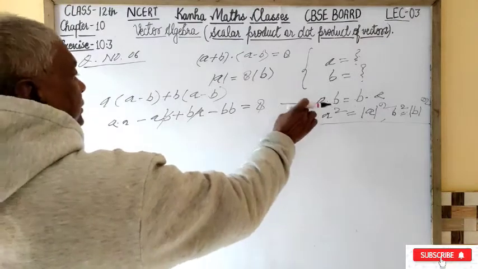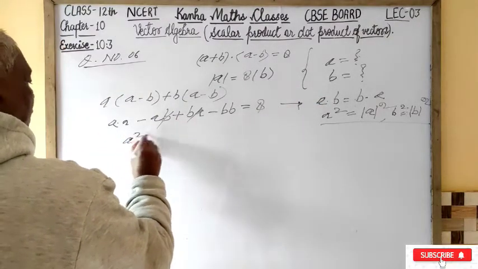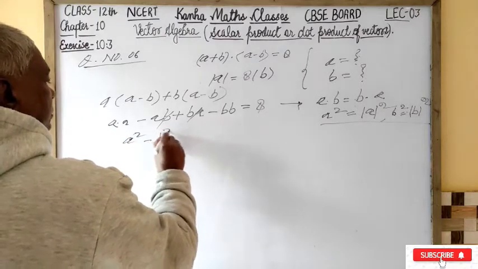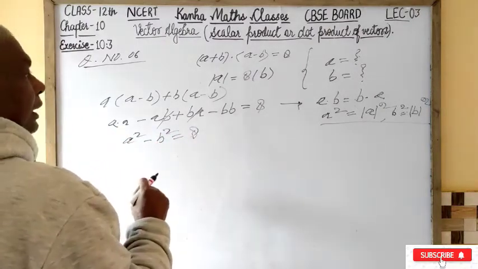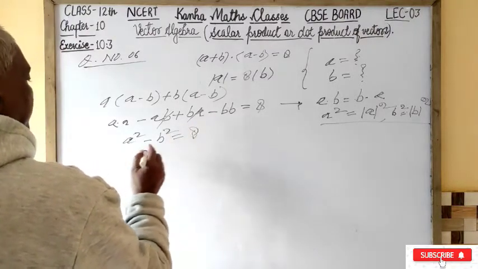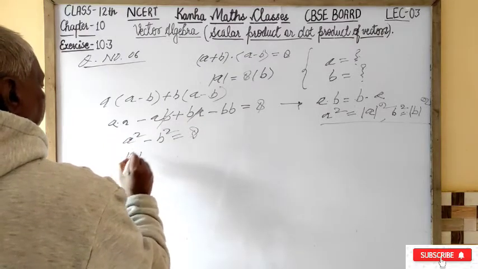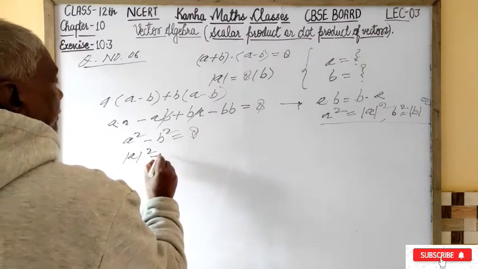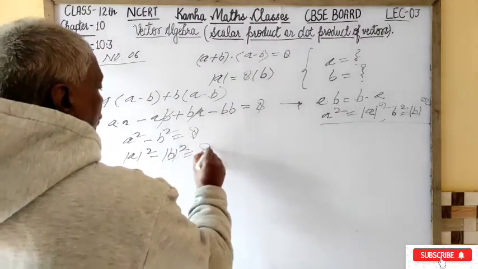By virtue of this, it will become a square minus b square is equal to 8, or mod of a square minus mod of b square is equal to 8.